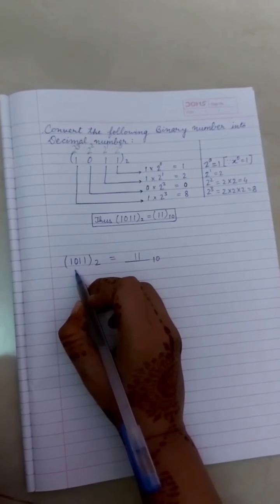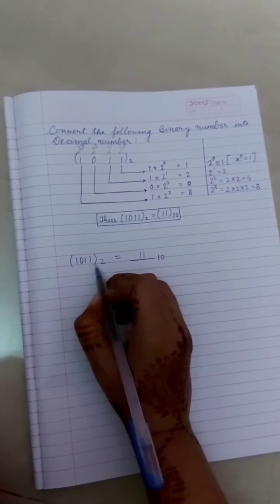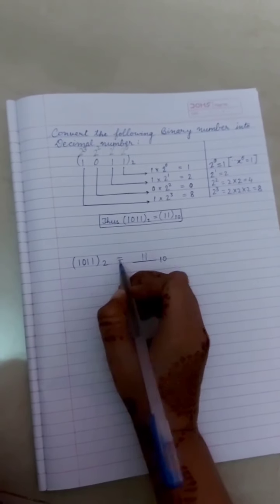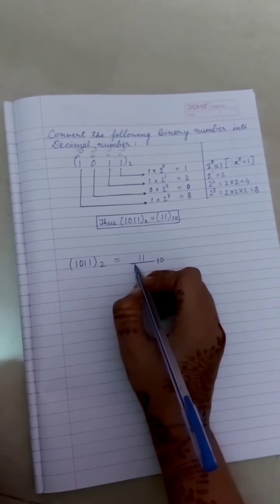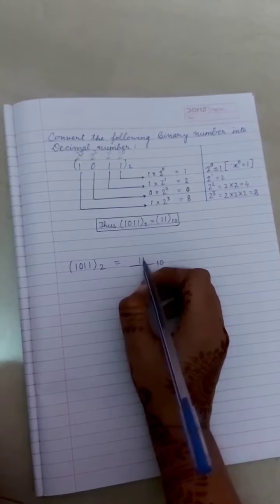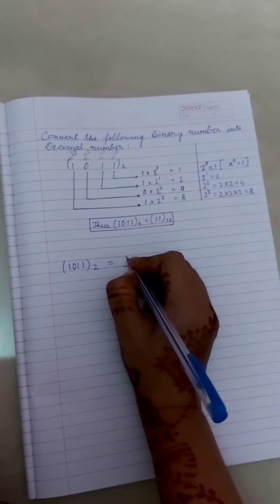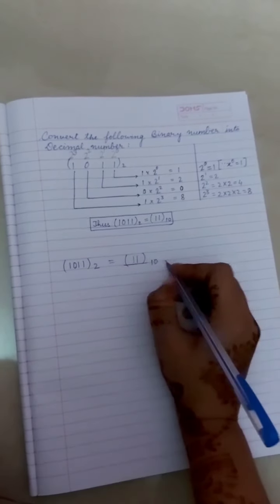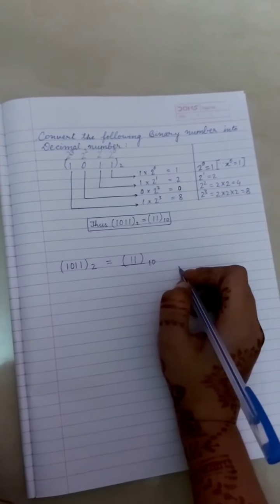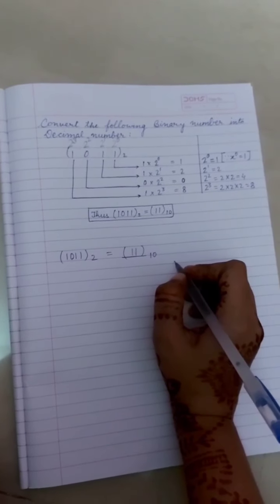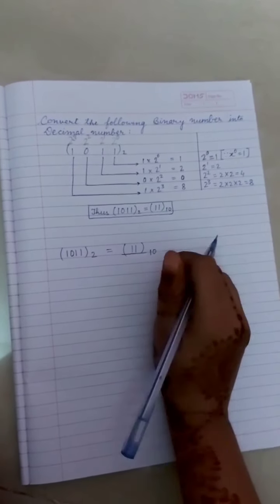Therefore, 1011 to the base 2 will be equal to 11 to base 10, and this is the answer.